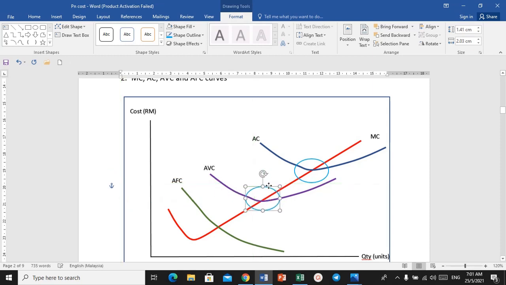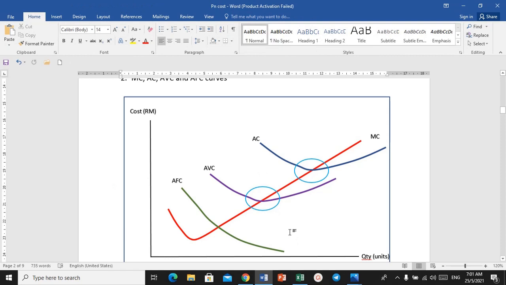The minimum point of the AC curve intersects with the MC curve, but not for average fixed cost. Average fixed cost does not have any minimum point.